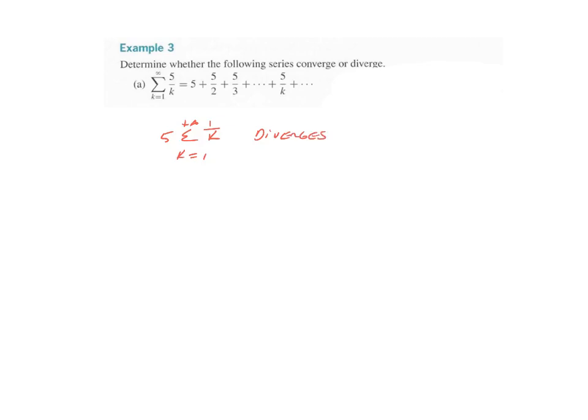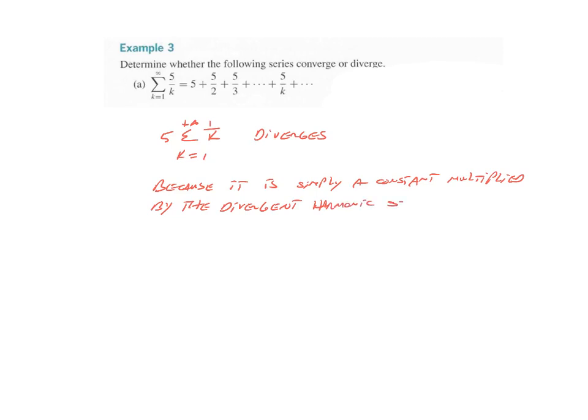And if you were asked for justification or explanation, you would say, because it is simply a constant multiplied by the divergent harmonic series. And that would be good enough for AP and me.